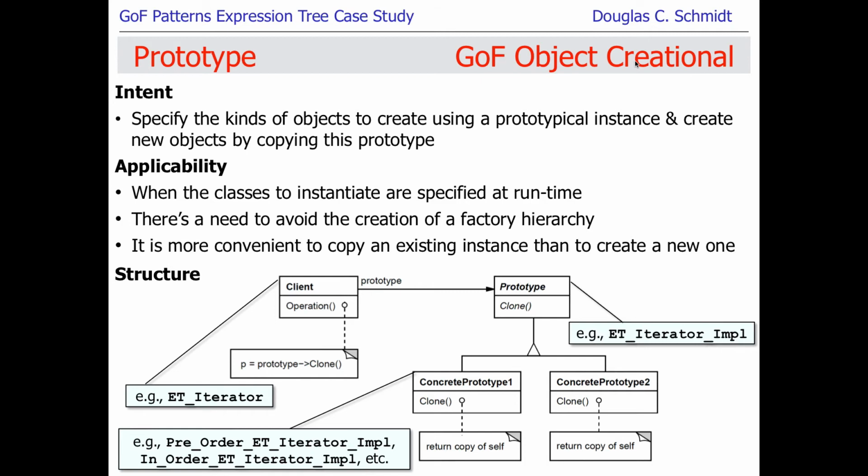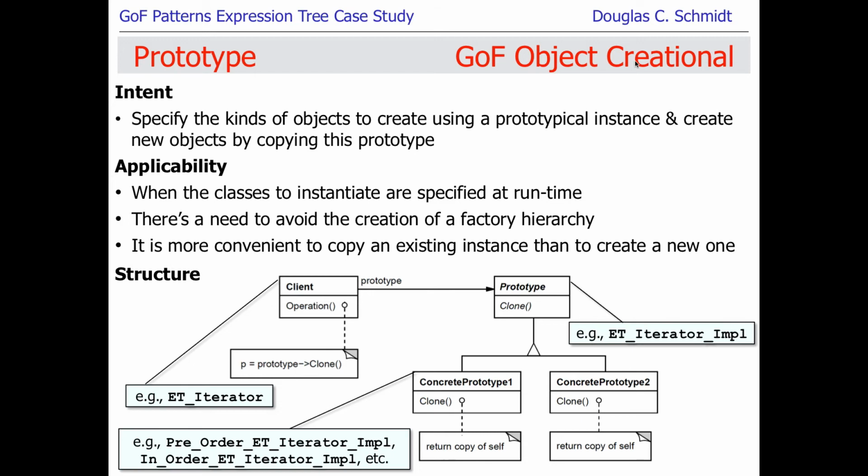With prototype, in contrast, the client has some operation, like in our case operator plus plus on the STL iterator. As part of that operation, it needs a copy of whatever it's pointing to. So when you call this method, it's not forwarding that method down here. It's using the clone method to make a copy of the thing that it points to. So it's got a different purpose. It's not being used for the same thing.